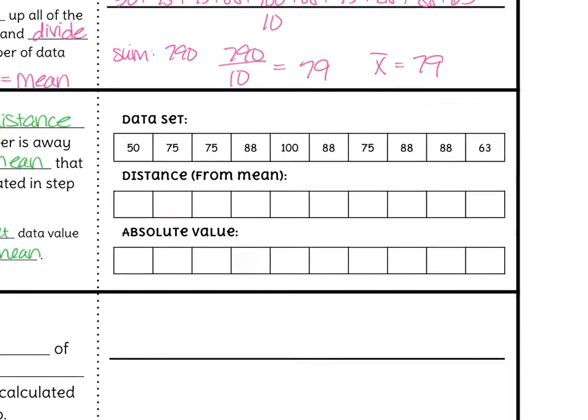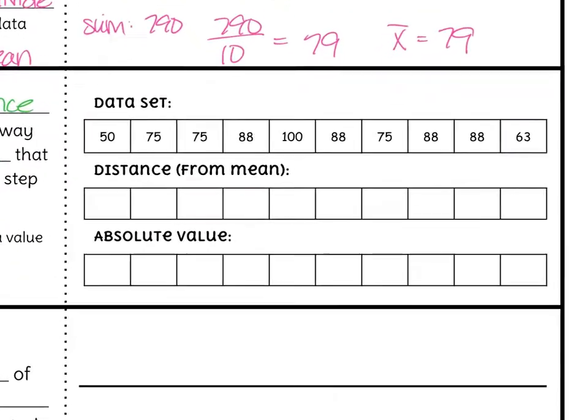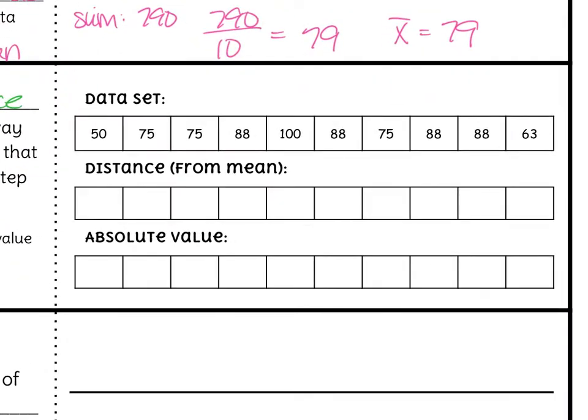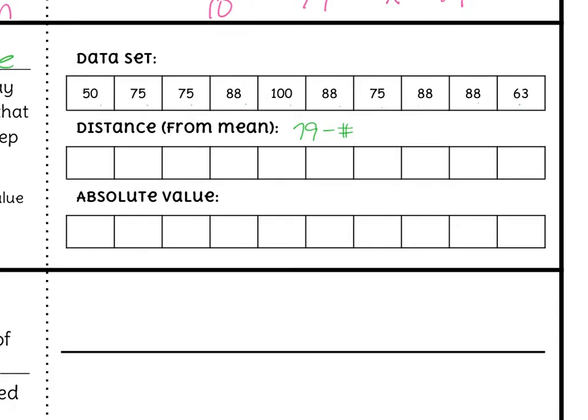I have created a table, and you are going to take 79 and subtract each of these numbers that we added together. You're going to get some negative numbers, and that's okay. So 79 minus 50 is 29. 79 minus 75 is 4. And then 4 again. And then we get a negative 9 and a negative 21.